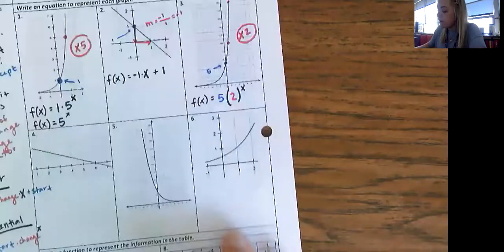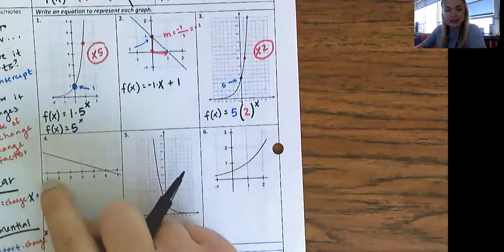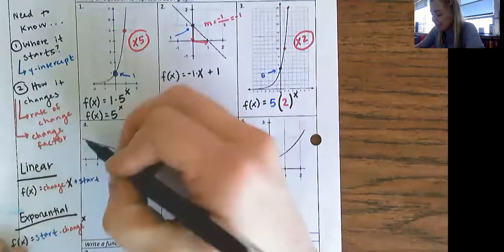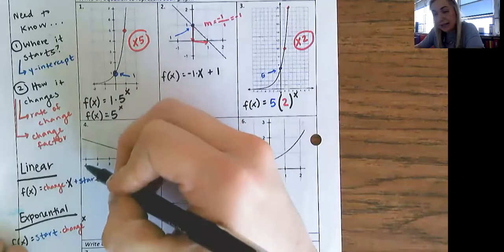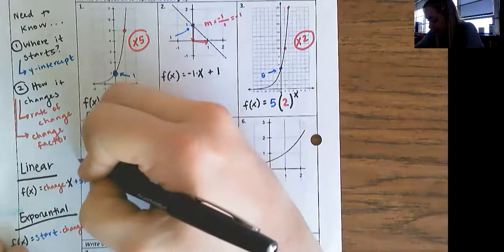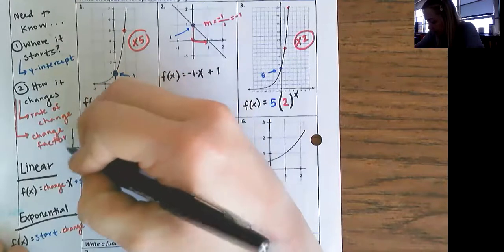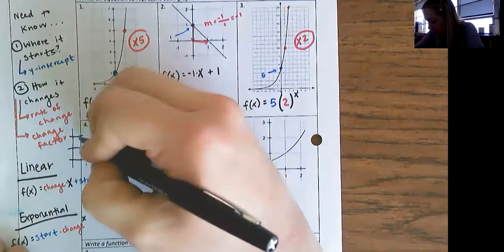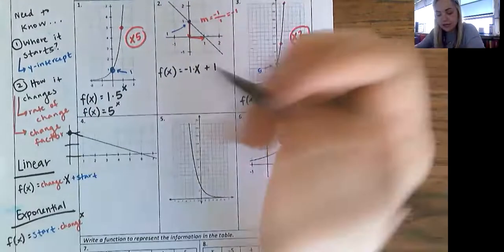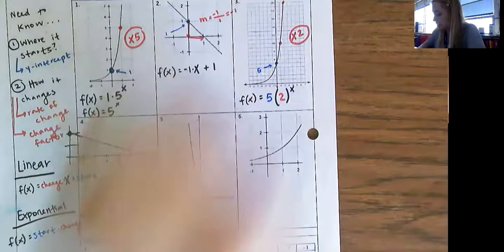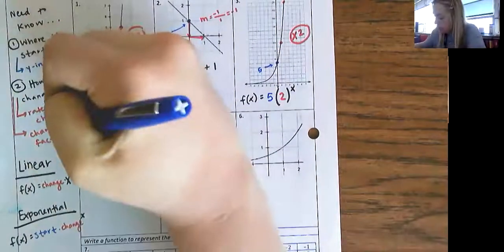Okay, on problem number 4. Ooh, this one's kind of weird. I hope you didn't say that this was the start, because the start is at 0. I need to get this graph further back. Fill in my grid, and it looks like this graph started there. So where did it start? It looks like it started at positive 2. And how is it changing?